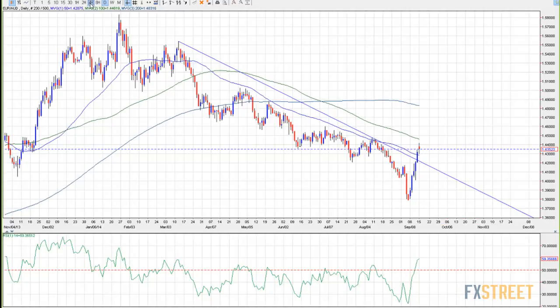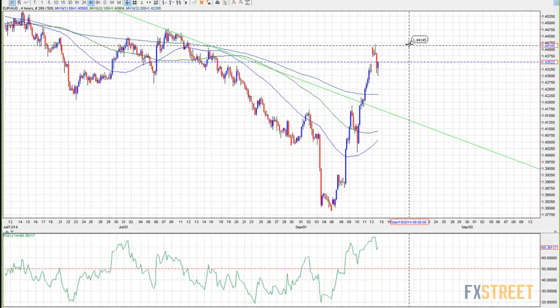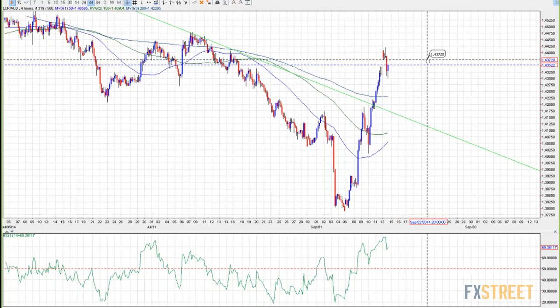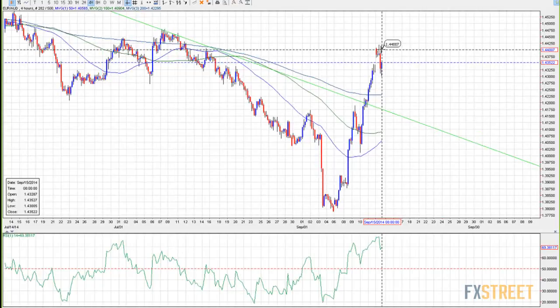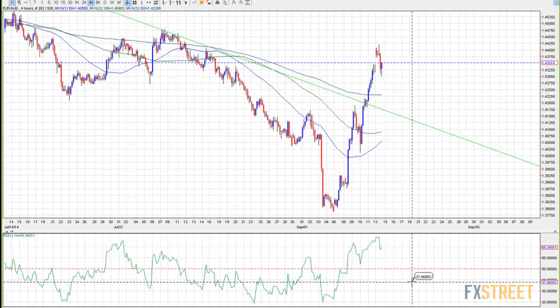Now looking at the 4-hour chart, we're not seeing that yet. Now, if we get consolidation and then a break below 1.43, that would confirm my theory of a pullback. And if we get that pullback, we want to see it hold above 1.4050, and we want to see the 4-hour RSI hold above 40 if we're going to anticipate another bullish attempt.